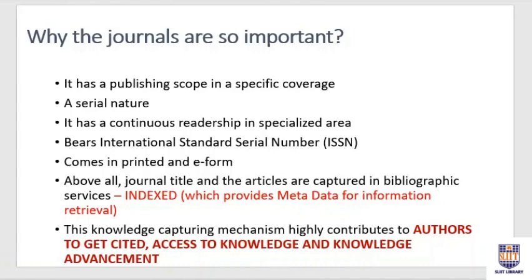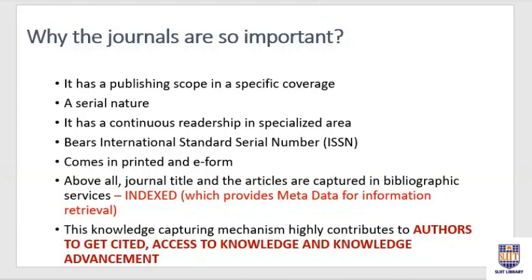And it also bears some very important identification that is called the International Standard Serial Number. You know, in many academic evaluations, the ISSN number is considered as one evaluatory point.